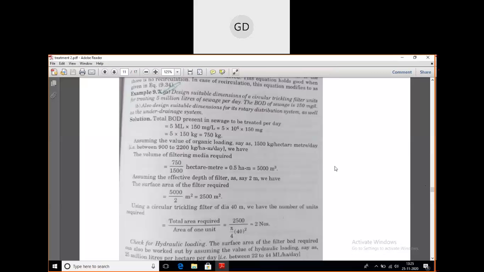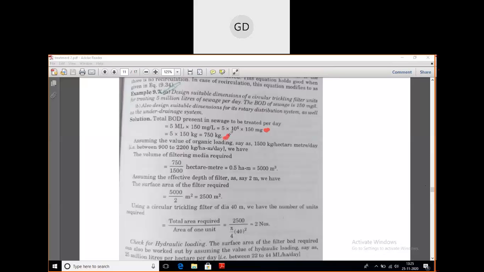You just multiply both values, and you will get the total BOD present in the sewage to be treated per day. After converting from milligram to kg, we get the value of 750 kg.